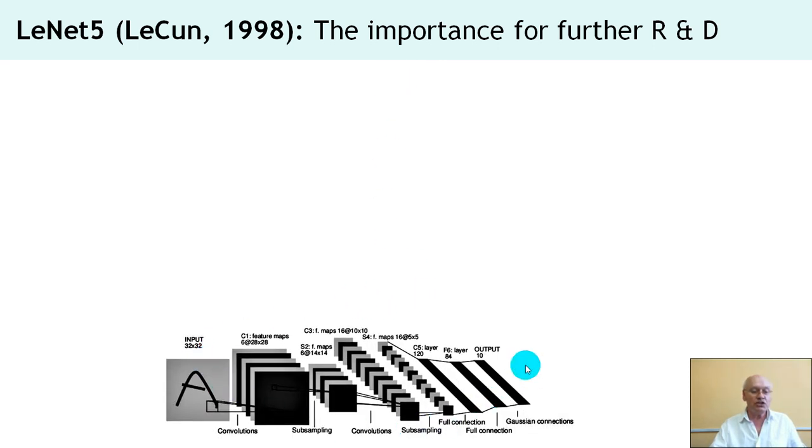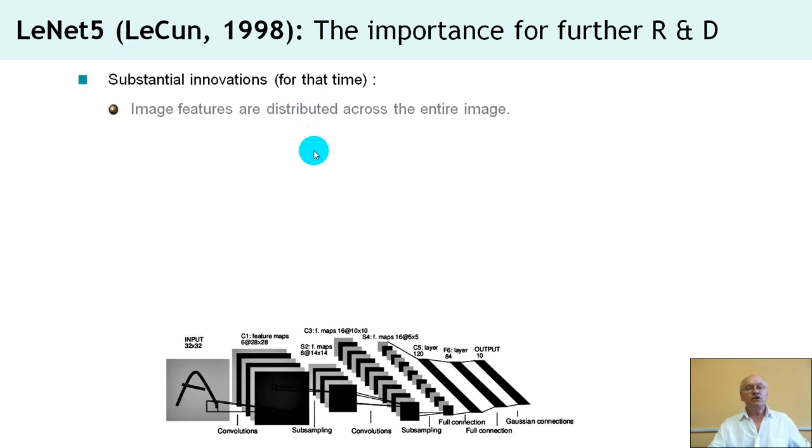This is the original architecture introduced by LeCun, and a substantial innovation at that time was that image features are distributed across the entire image, because we applied this filtering everywhere. So it doesn't matter if you consider a cat sitting somewhere in the frame, the convolution will be produced everywhere, and the image of the cat will be considered anyway.